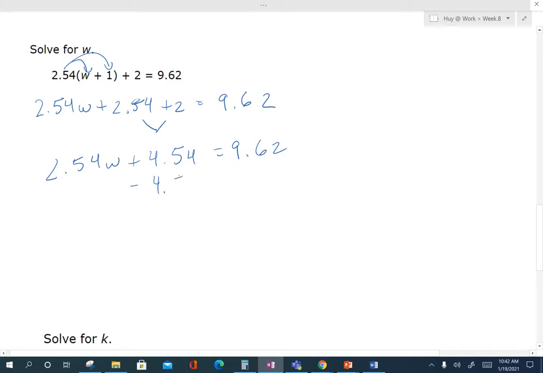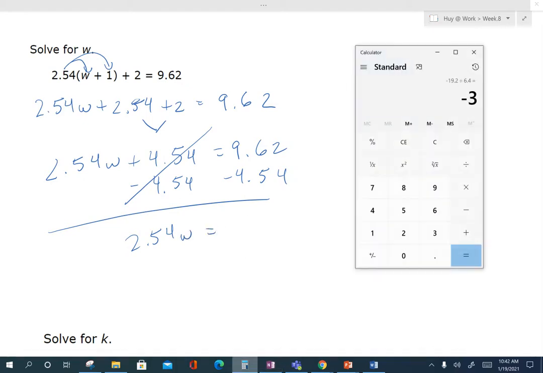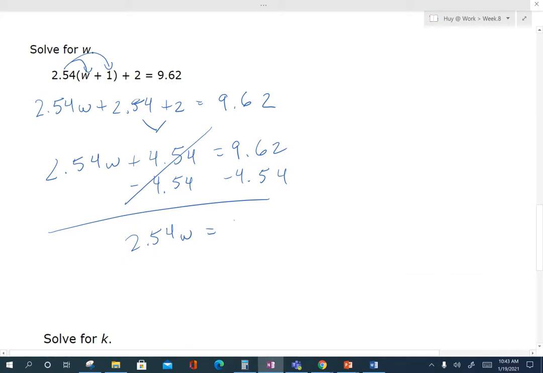Let's subtract 4.54 from both sides. So 2.54, whoops, I said 4 but didn't write the 4. 2.54w equals, I know we got to borrow for this problem, so I'm just going to use a calculator, 9.62 minus 4.54, 5.08.